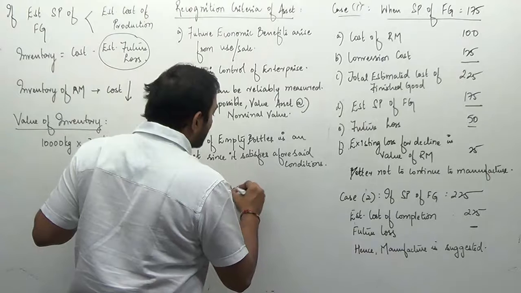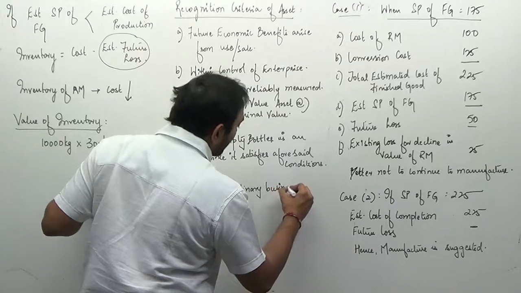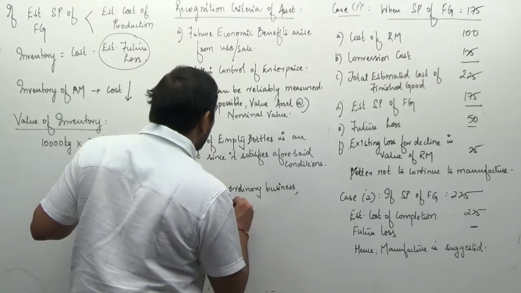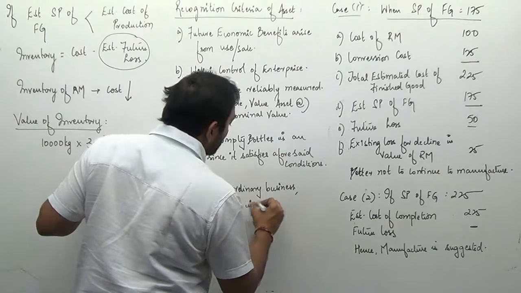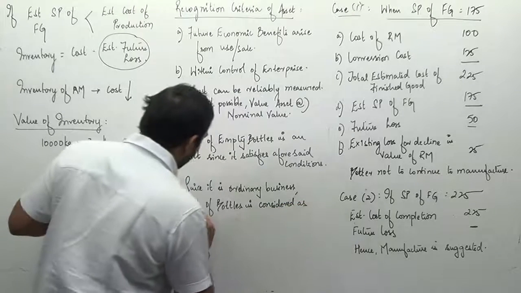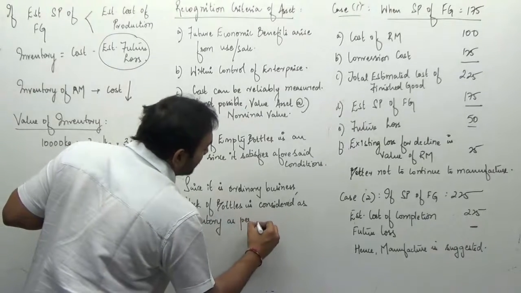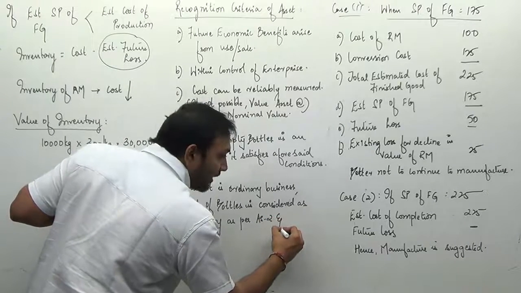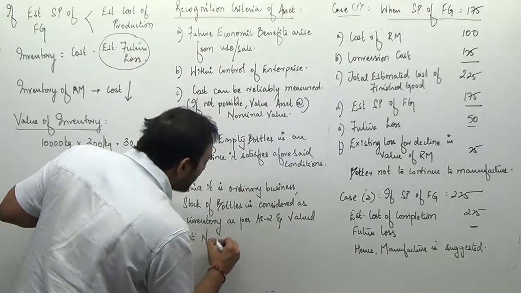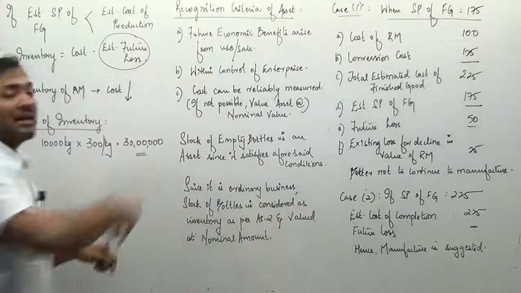Since it is ordinary business, my stock of bottles is considered to be inventory as per AS 2 and valued at a nominal amount since the cost cannot be reliably measured.